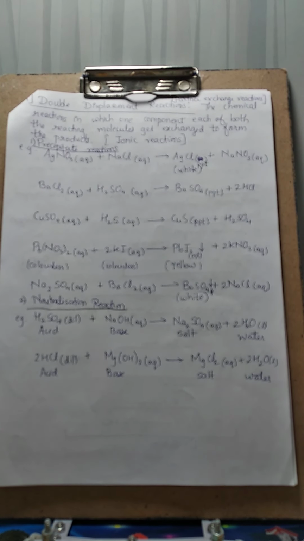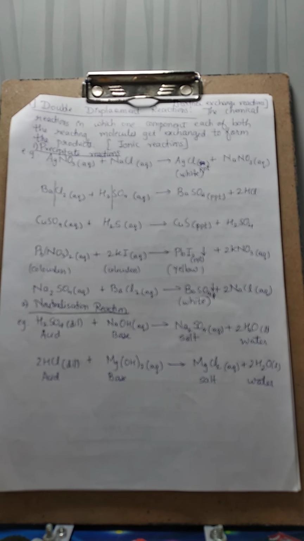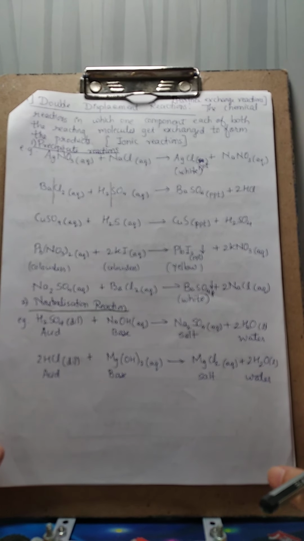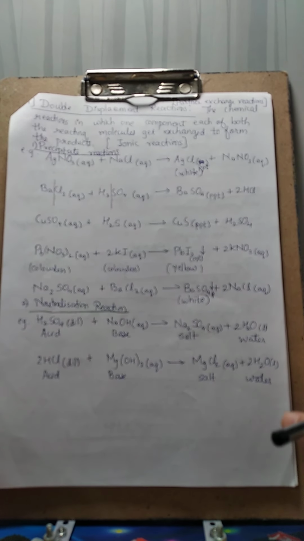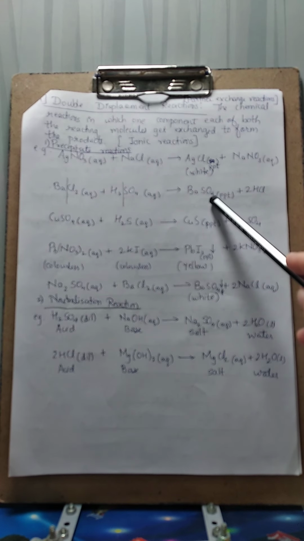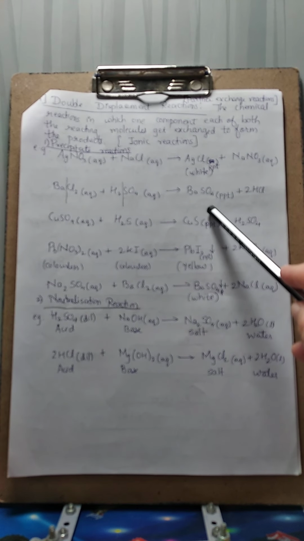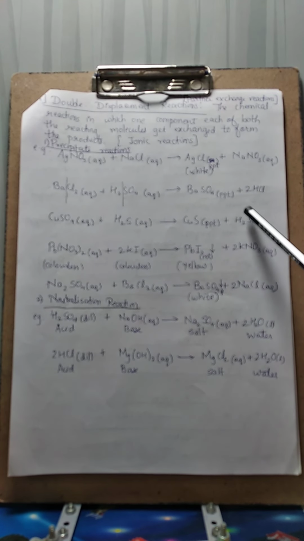So what happens? This becomes BaSO4, that is barium sulfate. This is a precipitate, plus HCl.